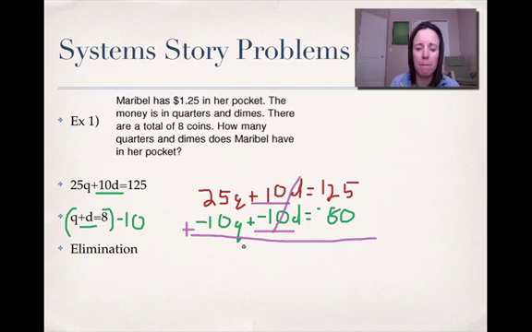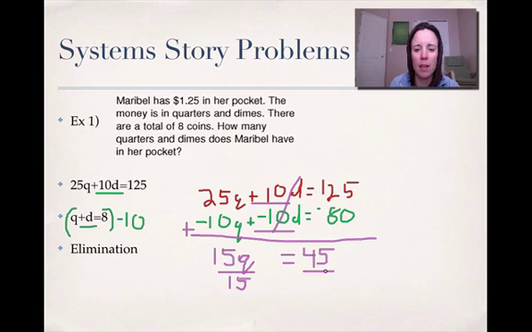My dimes go away, so I'm left with 15Q equals 45. I'm going to divide by 15 on both sides.